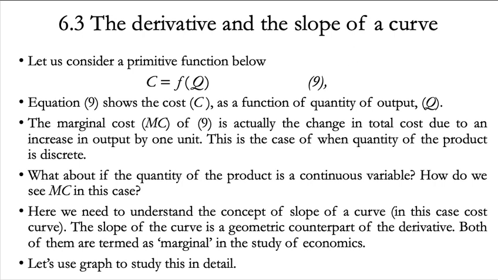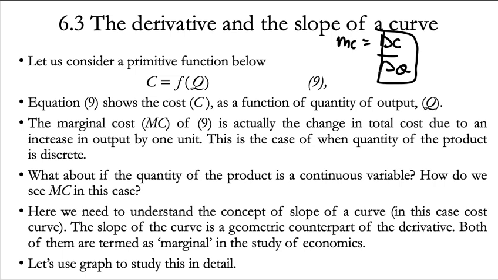I'm sure you have seen this when we talk about MC in your previous studies of intermediate micro, macro, and whatnot, where you saw this change in C over change in Q. In this case, the change in quantity of a product is discrete. If you can recall the previous sections, this one is actually the difference quotient, isn't it?